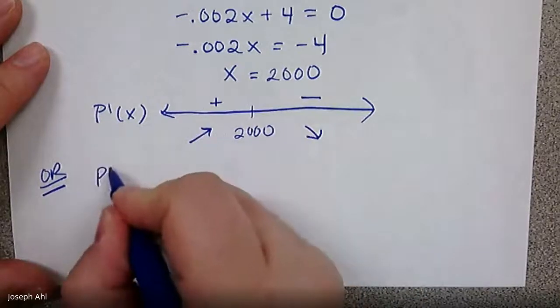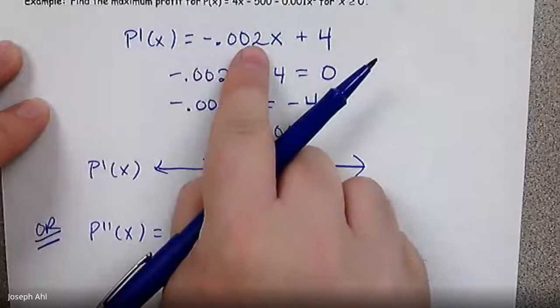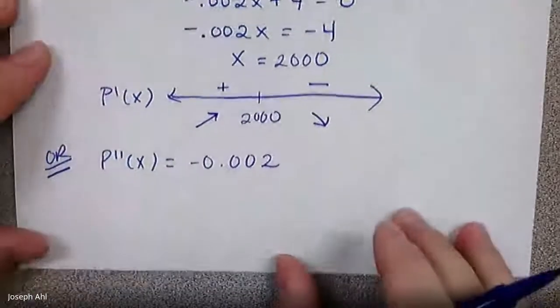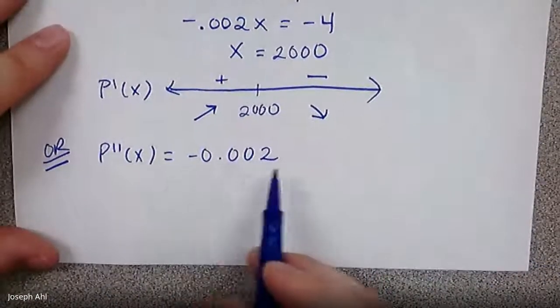What if I also find the second derivative? Pretty easy to find in this case, right? Isn't the second derivative just negative 0.002? So what's the conclusion if the second derivative is always negative?